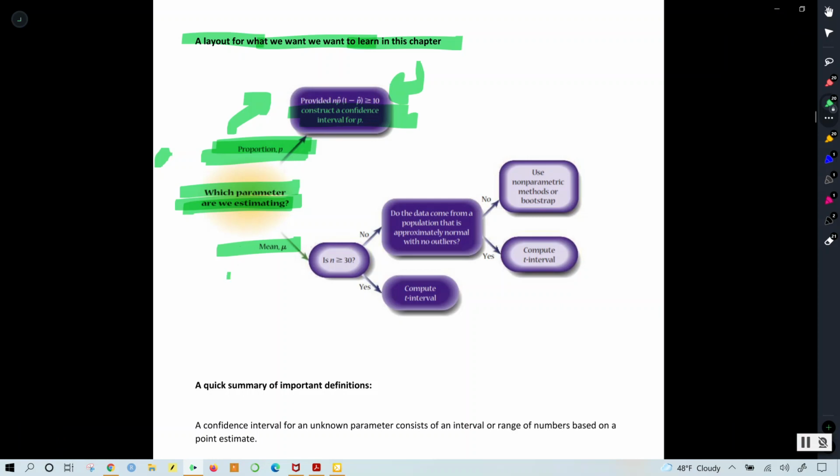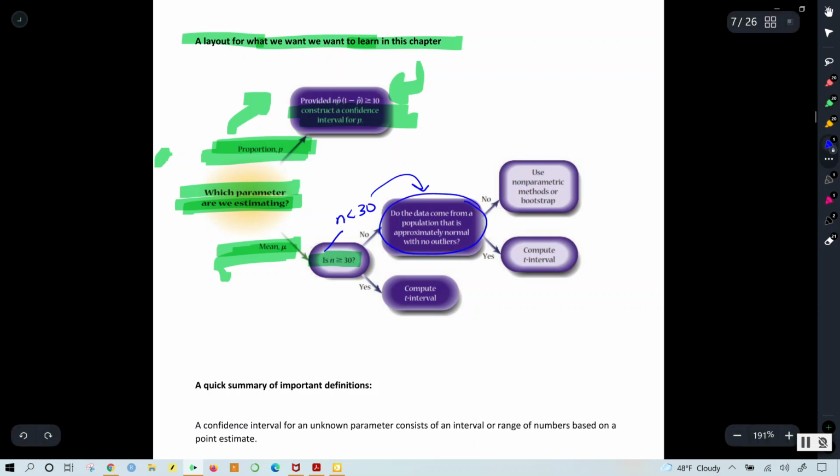However, if it is a population mean that is unknown, we have to consider whether the sample size is less than 30. If it is less than 30, then we must require that the sample data comes from a population that is approximately normal with no outliers. In which case, if those conditions are met, we compute a t interval.